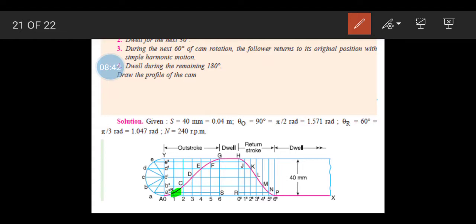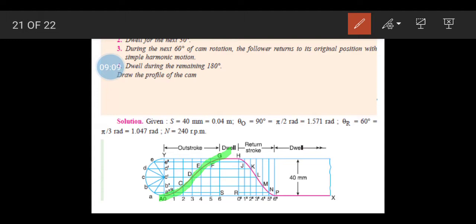We will mark those intersect points and represent them with capital letters A, B, C, D, E, F and up to G for the outstroke. So we will join these points which we have achieved, and we will get a smooth curve like this.